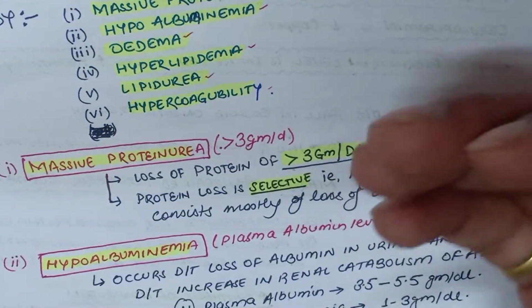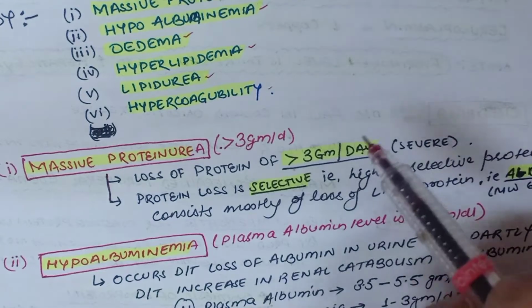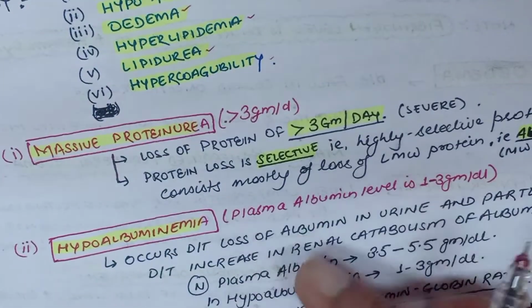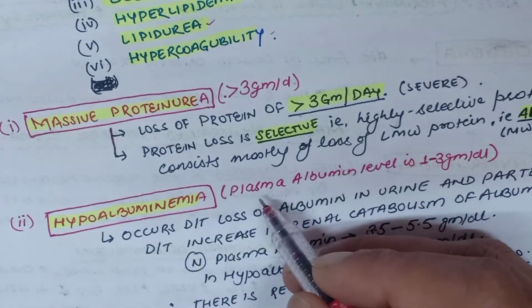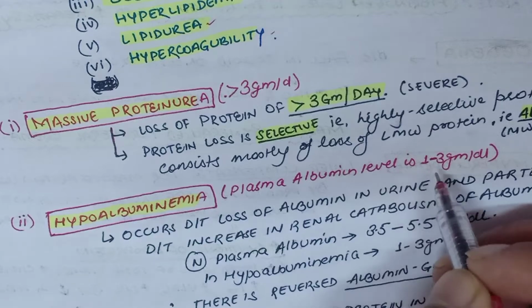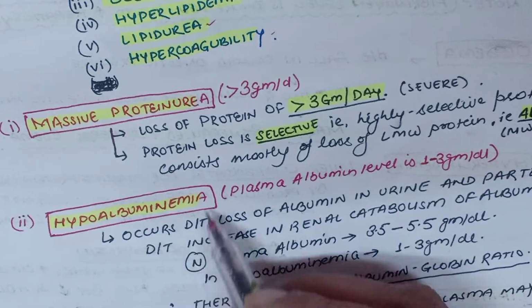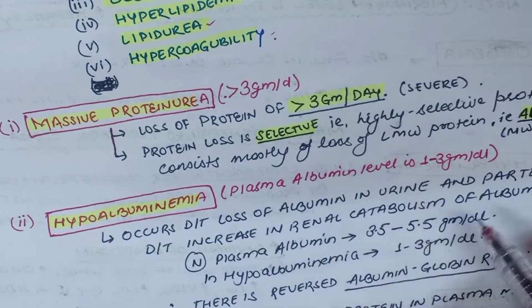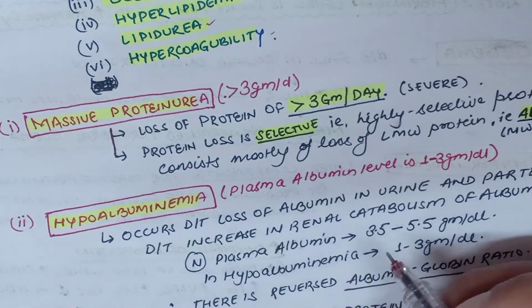When there is massive protein loss, the protein content in the blood will be drastically reduced, resulting in hypoalbuminemia. In hypoalbuminemia, the plasma albumin level is only 1 to 3 grams per deciliter. This occurs due to loss of albumin in the urine and partially due to increase in renal catabolism of albumin.